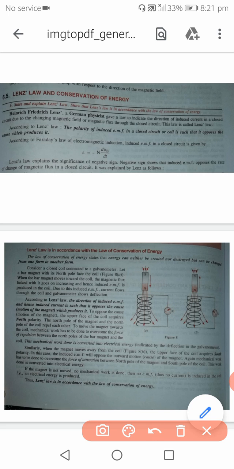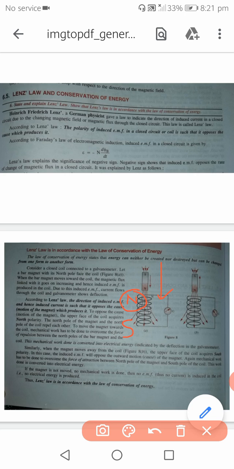And we know that when in a coil there is an induced current, it's like a solenoid, right? One side becomes north pole, one side becomes south pole. It is seen that this side becomes north pole and this side becomes south pole. Meaning when the north pole is approaching the coil, this end of the solenoid behaves like north, and this end behaves like south.